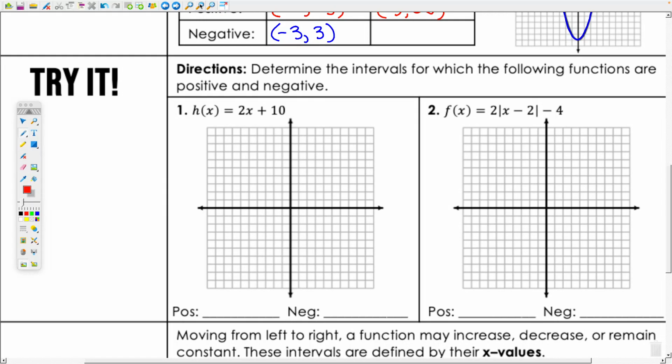So go to your calculator, press Y equals, okay? And then type this equation in, please. Or you can graph it using slope-intercept form. It's totally up to you. All right?